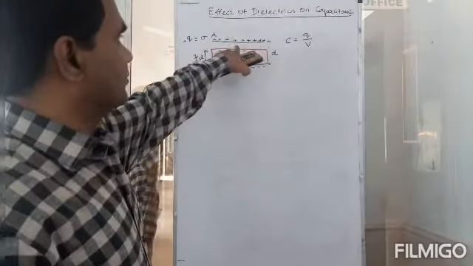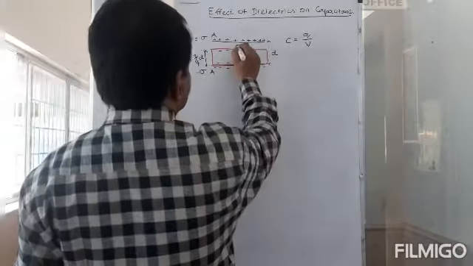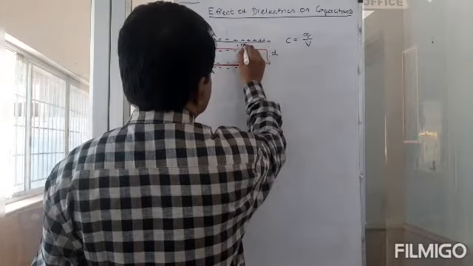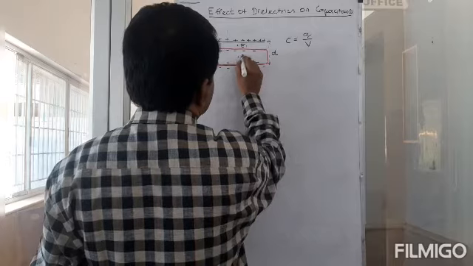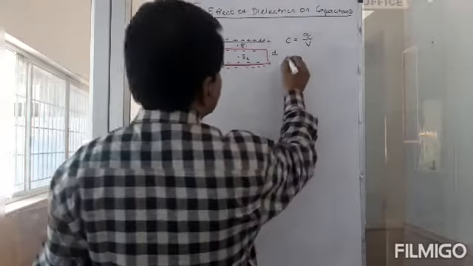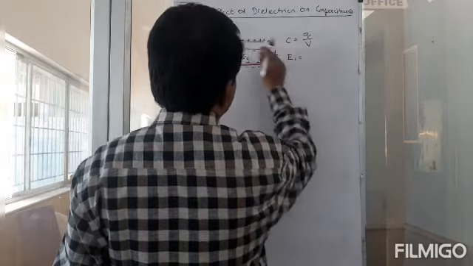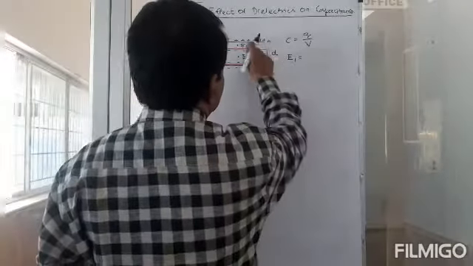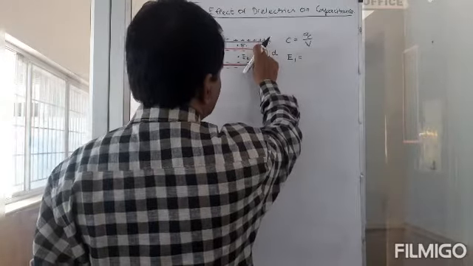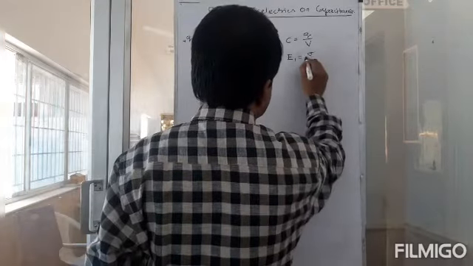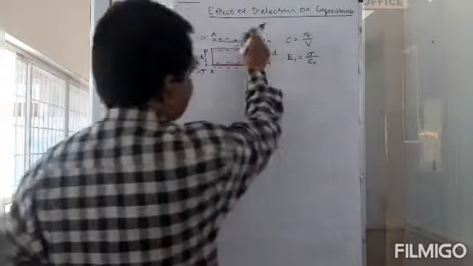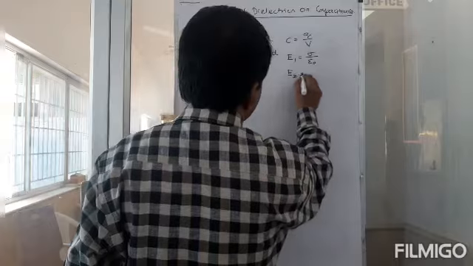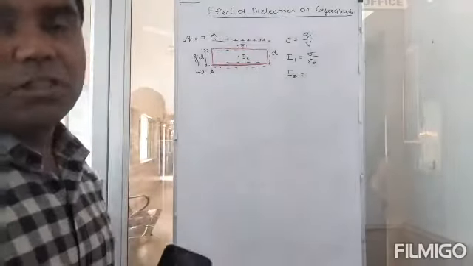But what is the field here in this space? I'll call this E1, and then this is going to be E2. What is E1? Because there is no dielectric material here, the field value is simply sigma by epsilon naught. We know that. And what is E2? Within this space, the field is going to be reduced, right?